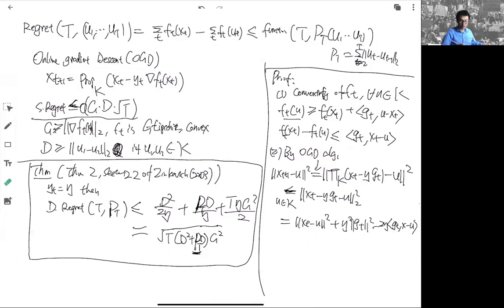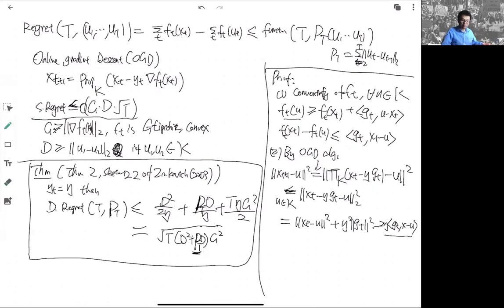In the second one, we can further upper bound this linear term using everything else, by moving everything else to the other side, and get a further upper bound that controls the regret.